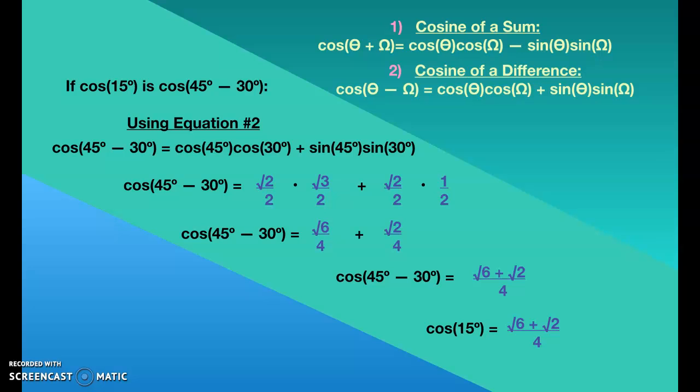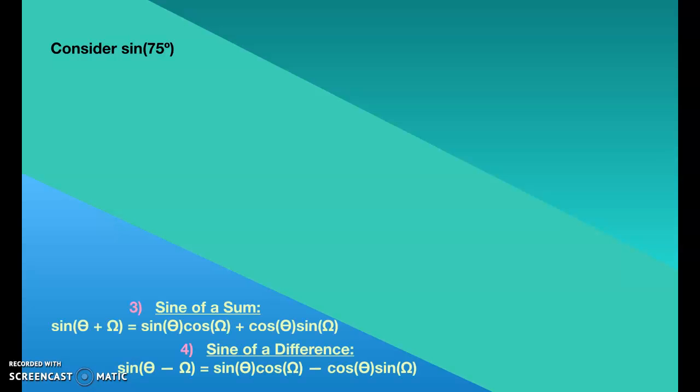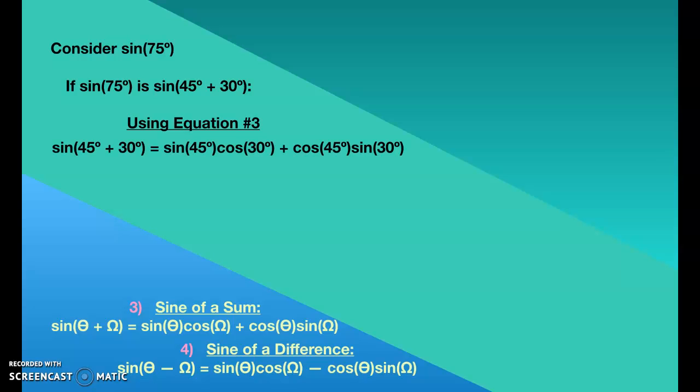There's another set of formulas for the sum and difference of sine. They're not much different. They look like that. So how would we get 75 out of the things that we know? Well, we know 45 and we know 30. So looking at the sine formulas, we're adding, so we'd use the sum, that's number 3. So we're going to set it up as sine of theta and cosine of omega.